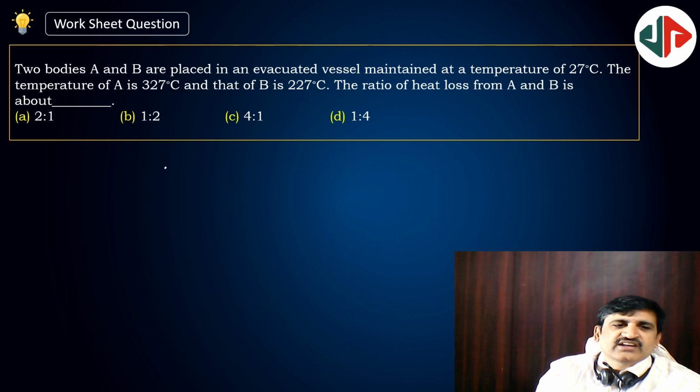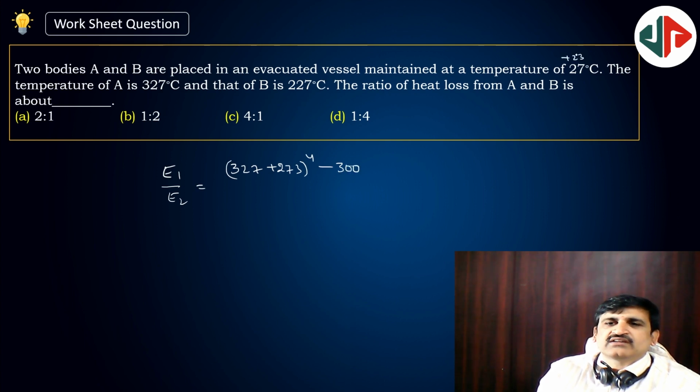Heat loss E1 by E2 is equal to: first one is 327 degrees Celsius, so it must be converted into Kelvin, plus 273, power 4, minus 300 power 4. 327 plus 273 will be 600 Kelvin. And 227 plus 273 is 500, power 4 minus 300 power 4.